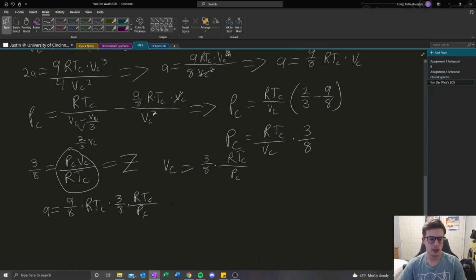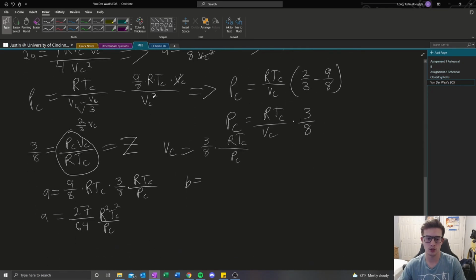Alright, so now if we go ahead and do some simplifying, we've got 27 over 64 times R squared T squared over the, that's critical temperature, over the critical pressure. And I'm going to go ahead and do B as well. So B is equal to just VC over 3.